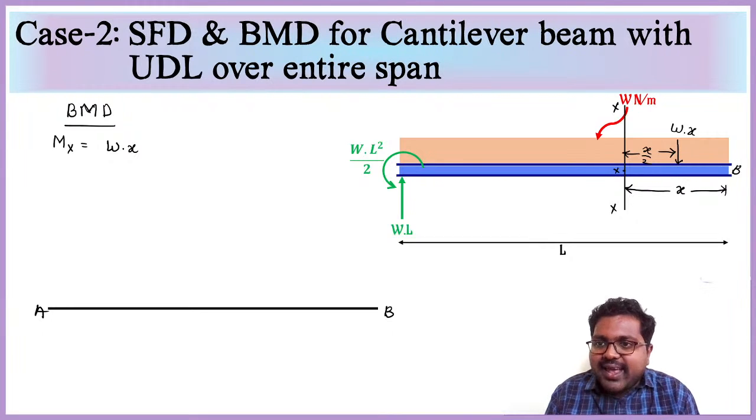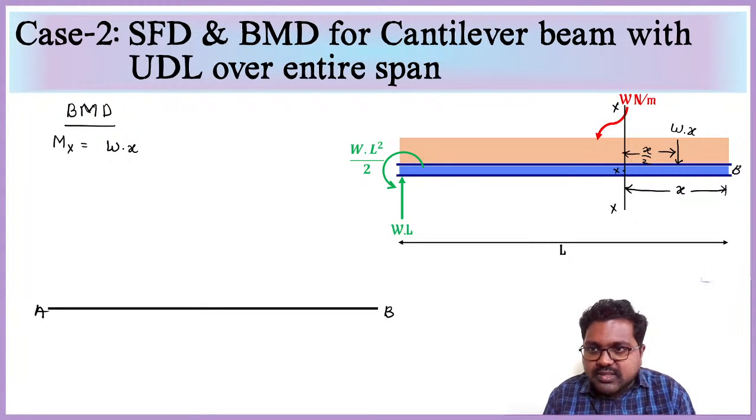So on X, what is the moment acting? We need to find. So on X, Wx is causing a clockwise movement. Which is acting downwards means it is causing a clockwise movement.